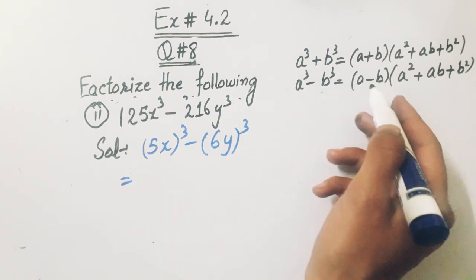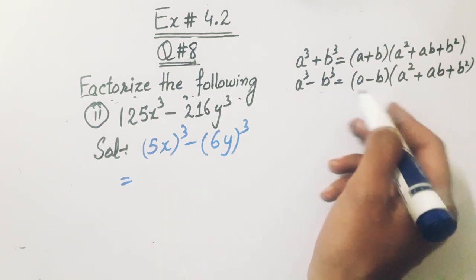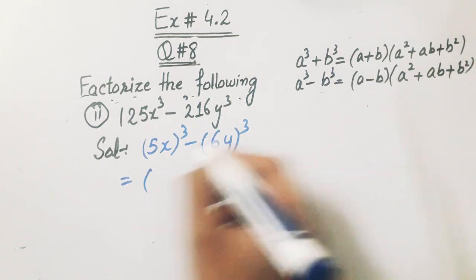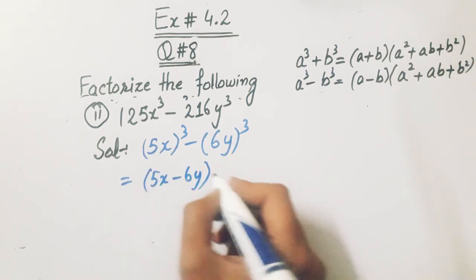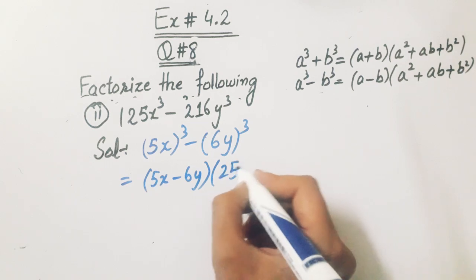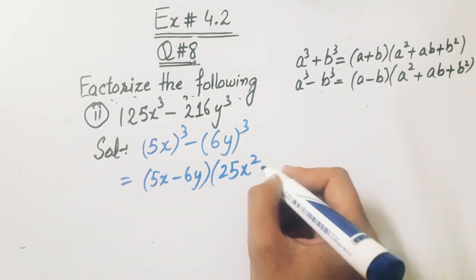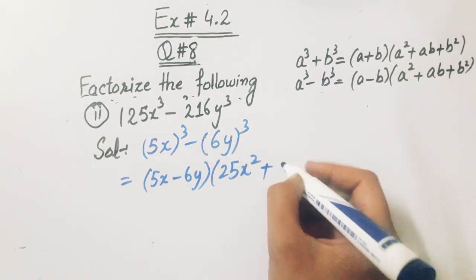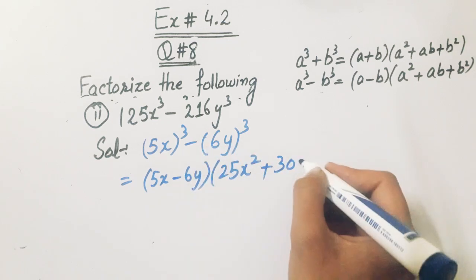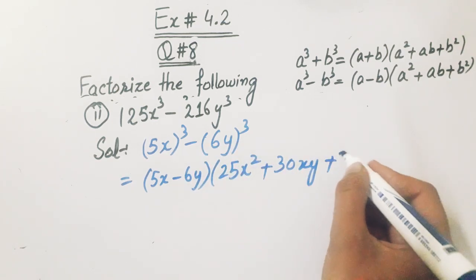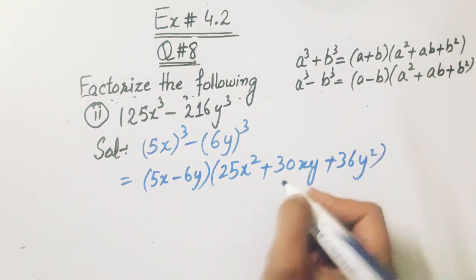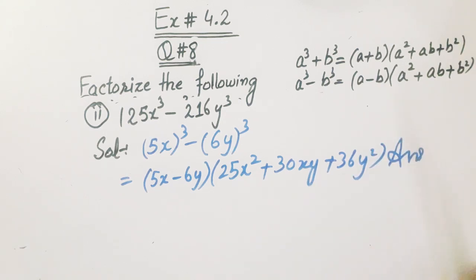Now here we apply the formula of a cube minus b cube, that is first we subtract these two, 5x minus 6y, then square the first one, that is 25x square, then multiply both these, 5 into 6 is 30 and then xy, and plus b square means 36y square. This is the answer.